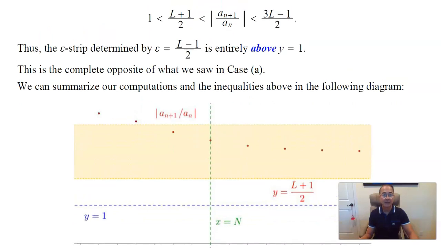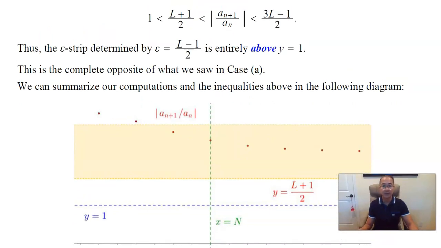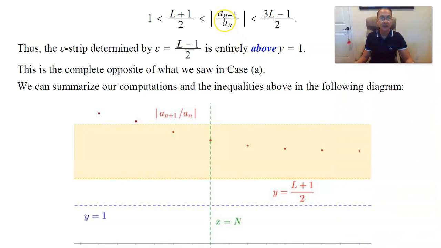Okay, so a N plus 1 over a N is going to be bigger than L plus 1 over 2, which is bigger than 1. So L plus 1 over 2 is going to be here, bigger than 1. This is going to be our epsilon strip, and eventually our terms are within that epsilon strip. Notice how those terms are way above 1.